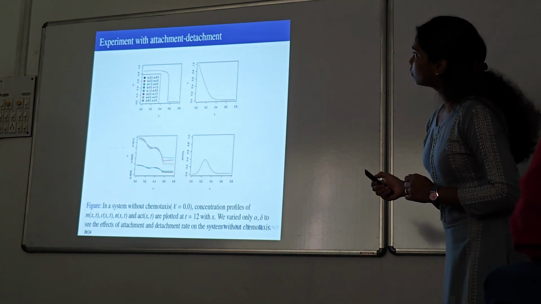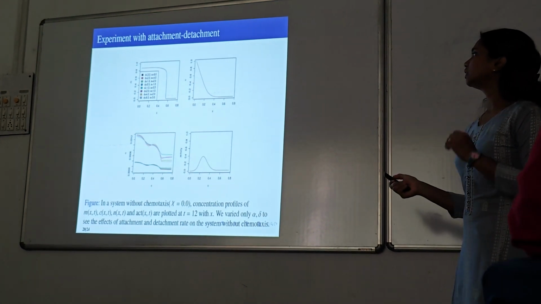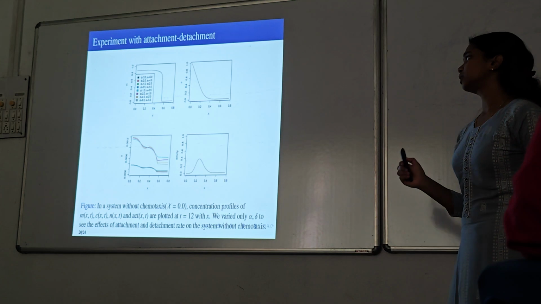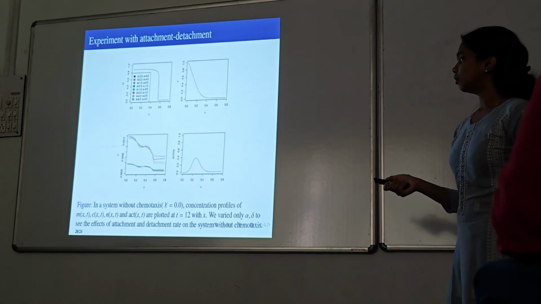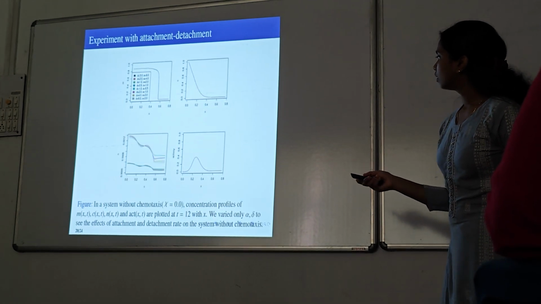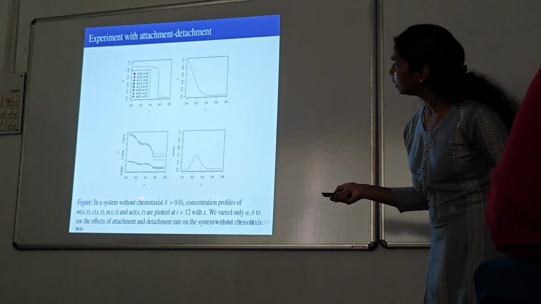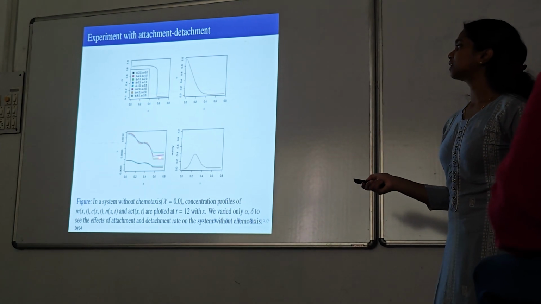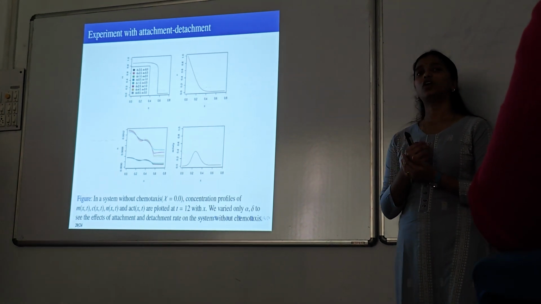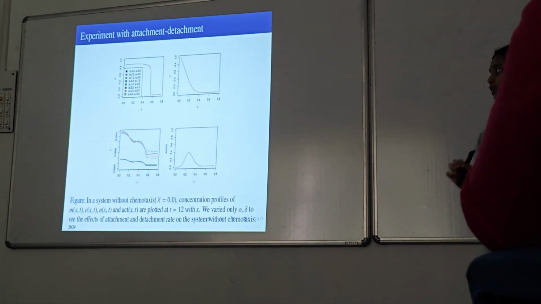So this one is for the experiment with attachment and detachment. One thing we have noticed here is that attachment and detachment play the major role in the concentration of N, and it actually depends on the ratio between attachment rate and detachment rate, not exactly precise values of attachment rate and detachment rate.